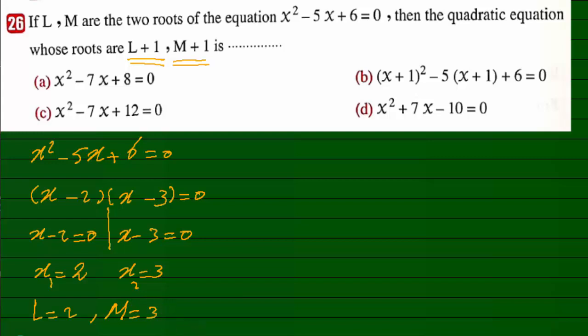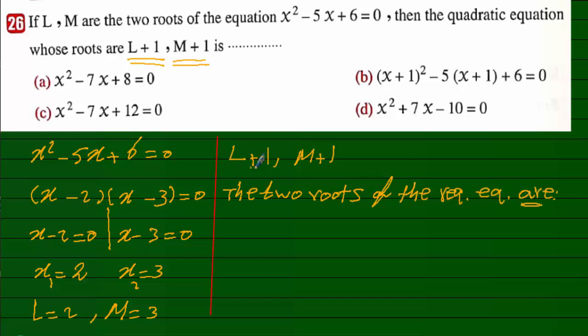So the two roots of the required equation here are L plus 1 and M plus 1.